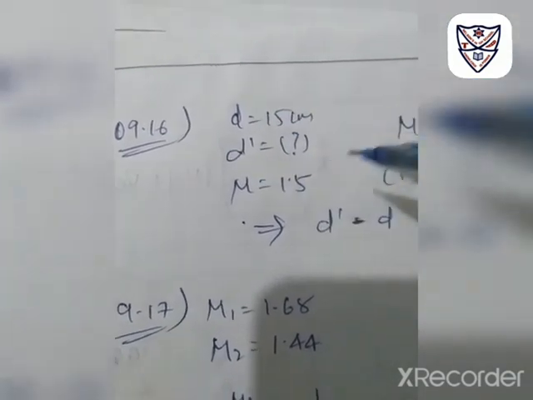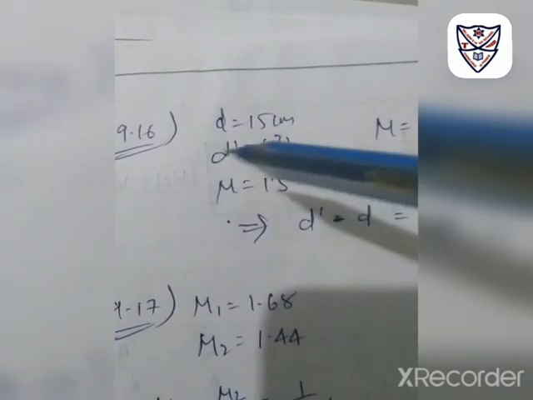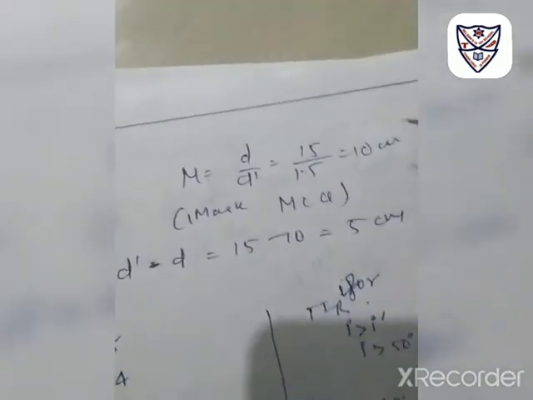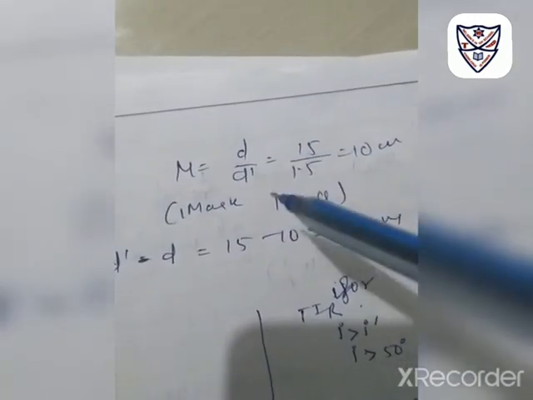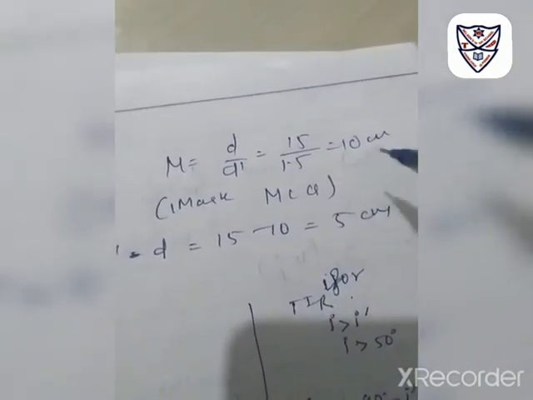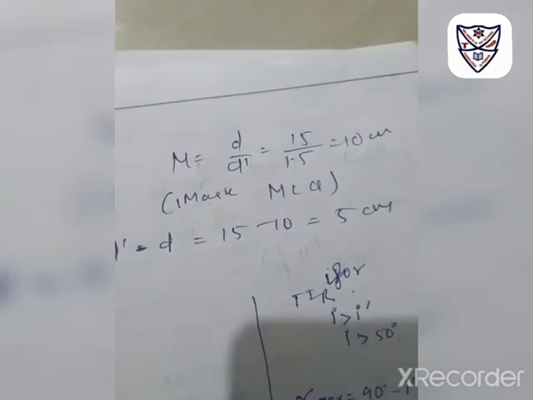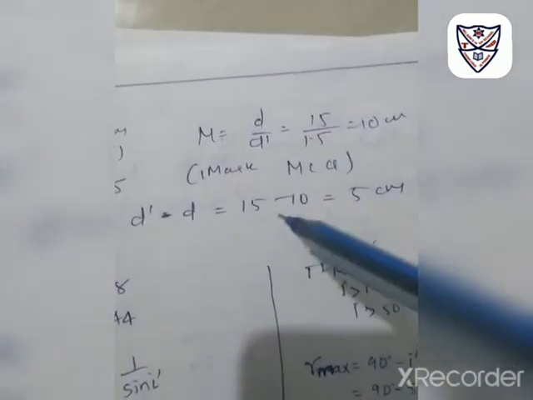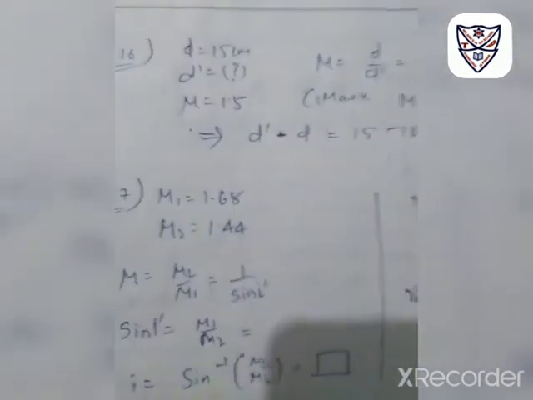You have to find the value of D dash such that the refractive index is 1.5. So the formula is very simple, just divide D upon D dash, you will get your value. Again, this is a 1 mark MCQ. And D dash minus D, the position where you will place it, just do minus of these terms, you will get the value.